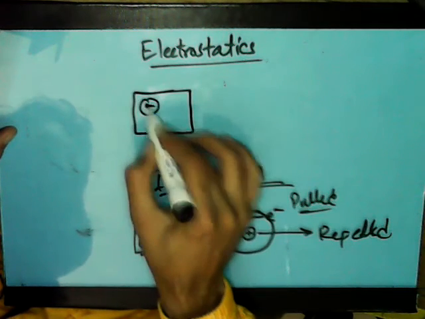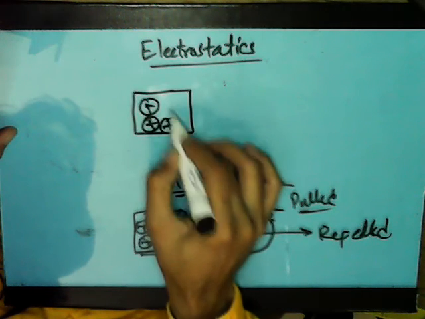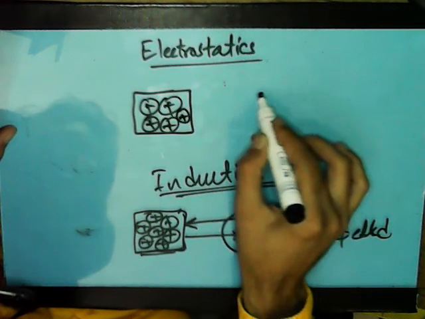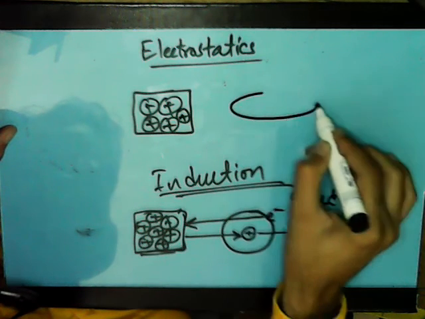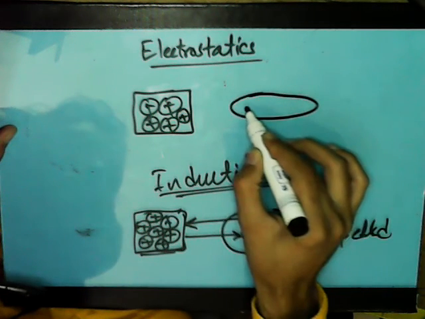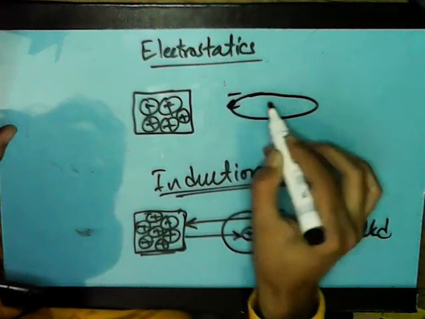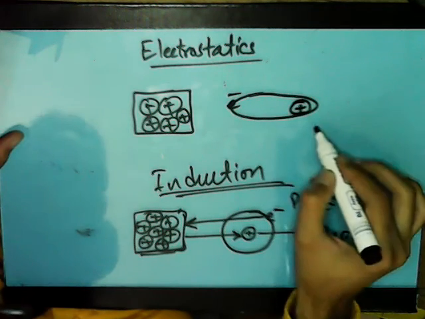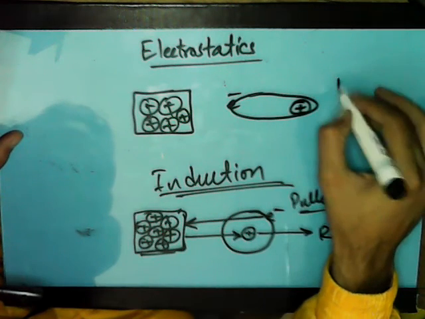Now we have these positive charges, like lots of them. So what happens? The whole atom is going to get bent, with the electron trying to revolve here while the proton tries to run somewhere else. This is called a dipole.